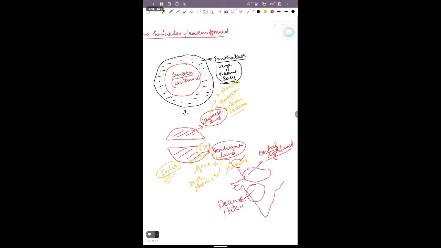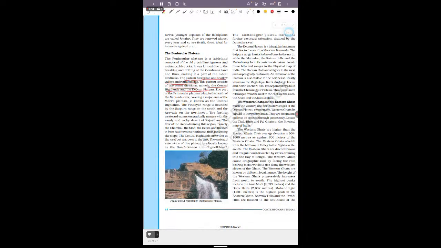As we know, plateaus are most important because of their mineral presence.